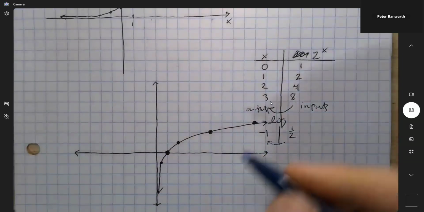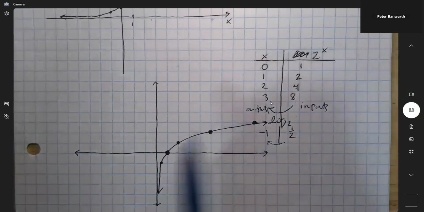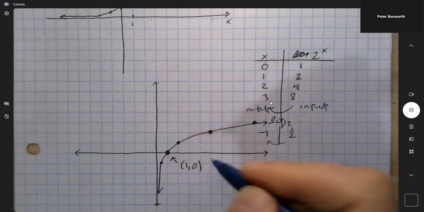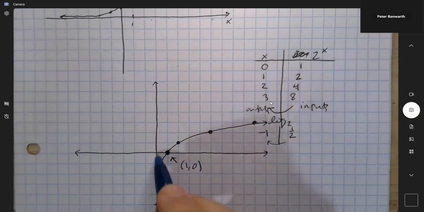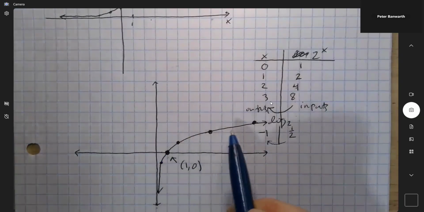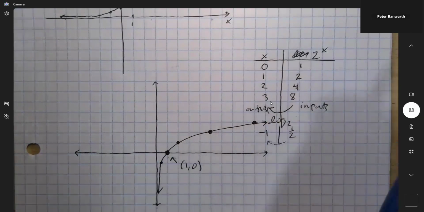So this is my log base 2 function. It always crosses at the point (1, 0), and it never reaches the y-axis. Then it goes out forever. It keeps going up, but it tries as hard as it can to flatten out. It just can't quite flatten out all the way.